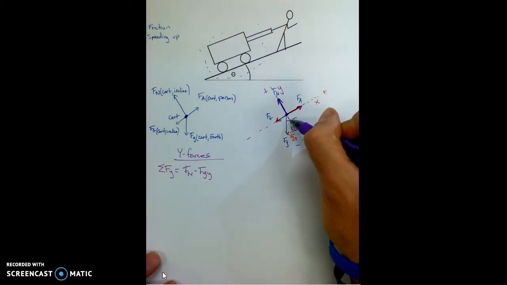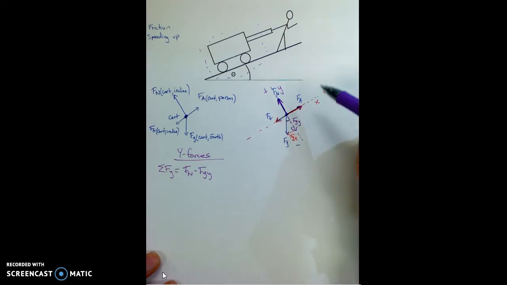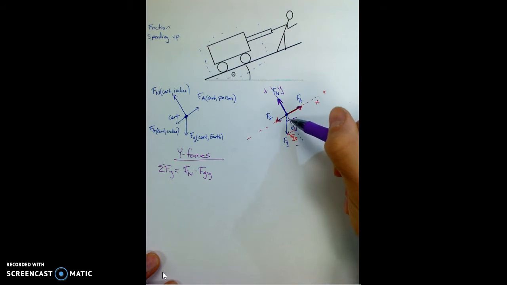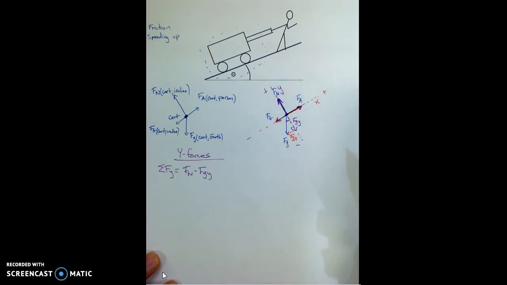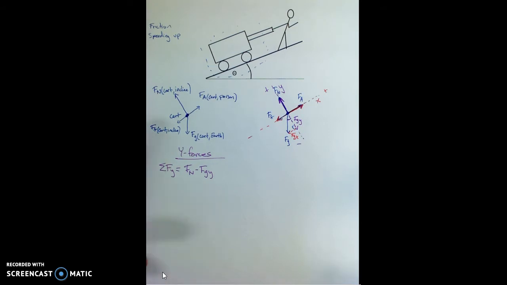So if we think about our angle being right here, this FGY right here looks like my adjacent side. And so I'm going to be using cosine to show that.